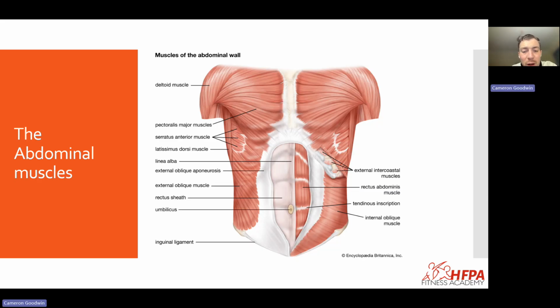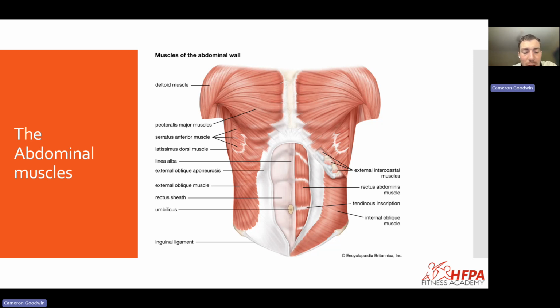We look at from the right side, you have your external intercostal muscles. You can see those, your intercostal muscles are the muscles in between your ribs. We can see the external muscles here involved in different forms of respiration or breathing, and very important with regards to overall strength of the trunk. Here you have your rectus abdominal muscles, and both the external oblique muscles that are coming down.